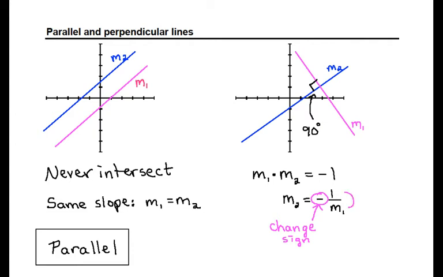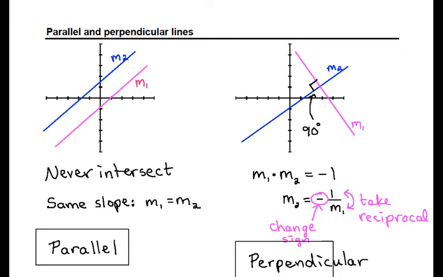And this tells us that we have to take the reciprocal or flip it over. This is the relationship between perpendicular lines.